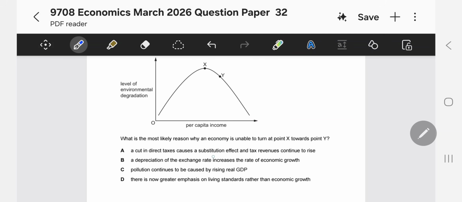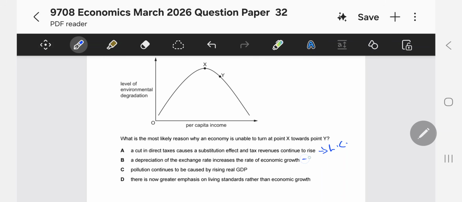A, a cut in direct taxes causing a substitution effect, and tax revenues continue to rise. I think this answer here for A looks like it's talking about the Laffer curve. I'm not sure about this, but maybe talking about the Laffer curve. And part B, a depreciation of the exchange rate increases the rate of economic growth.